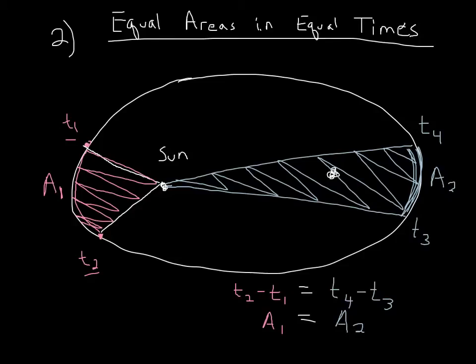So the planet has swept out an equal area in an equal amount of time. And this has a consequence that close planets move fast, and far planets are slow.